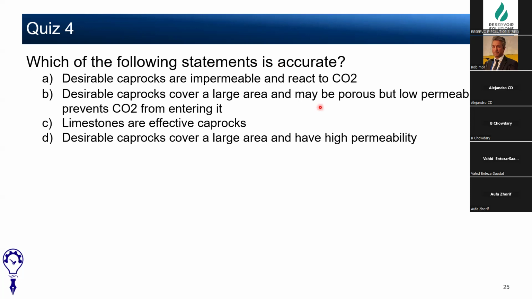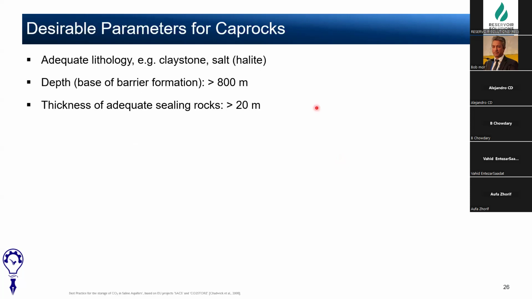Perfect. Many thanks for your answer. The answer is B. Desirable cap rocks cover a large area and may be porous, but they should have low permeability to prevent CO2 from entering it. So, as I mentioned, what are the desired parameters for cap rock? The first one is the lithology, which can be claystone, salt, or halite.